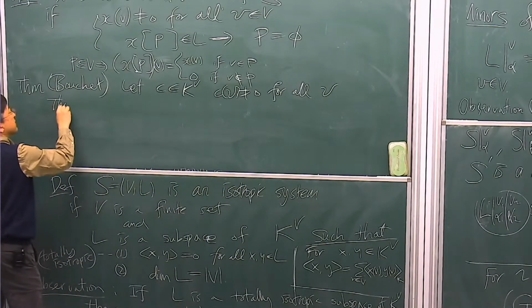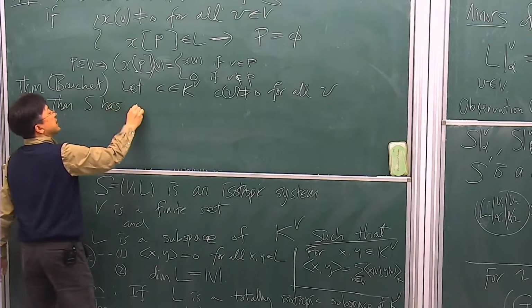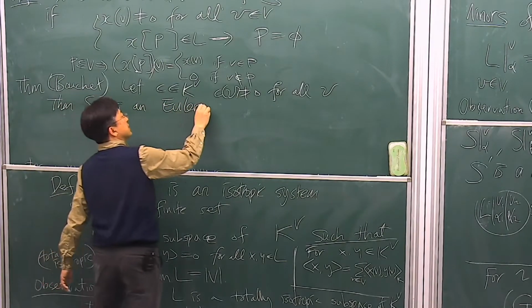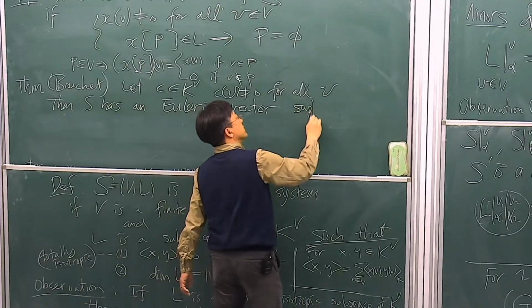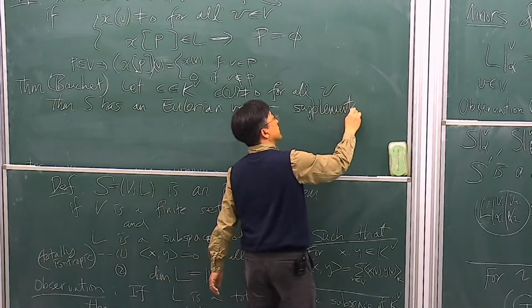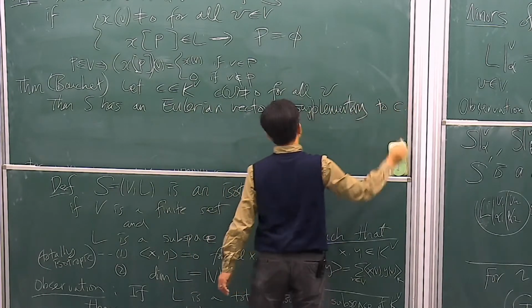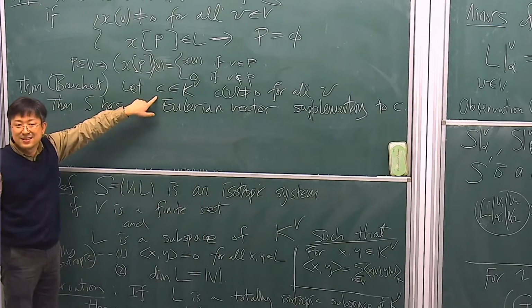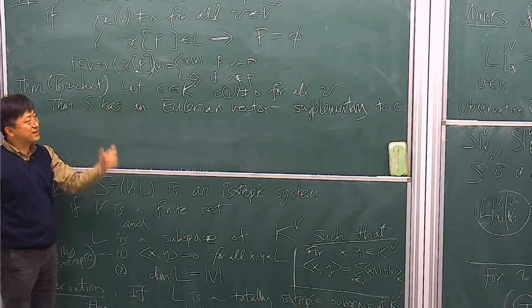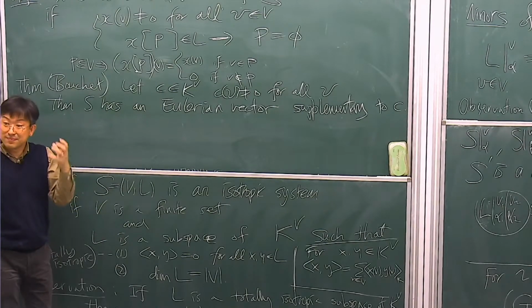Then S has an Eulerian vector supplementary to C. So for any C, I can always find an Eulerian vector which is supplementary to my choice.